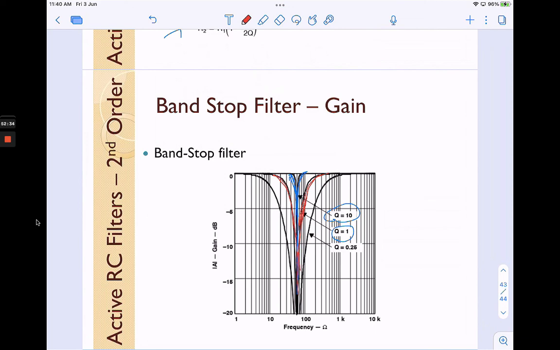So if you want to, let's say, just filter out the 50 Hz power line frequency, you can just use the band stop filter with a high value of Q, so that you can then determine the cutoff frequency.